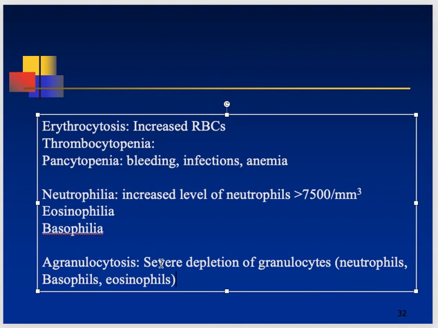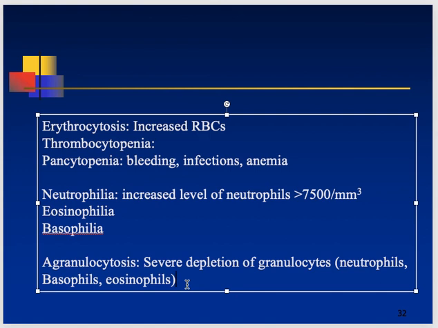Basically what happens is the granulocyte precursor gives rise to these three cell lines. As I told you at the start of my lecture, there are different precursor cells in the bone marrow.